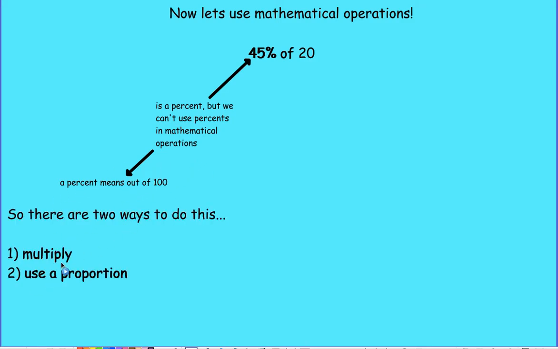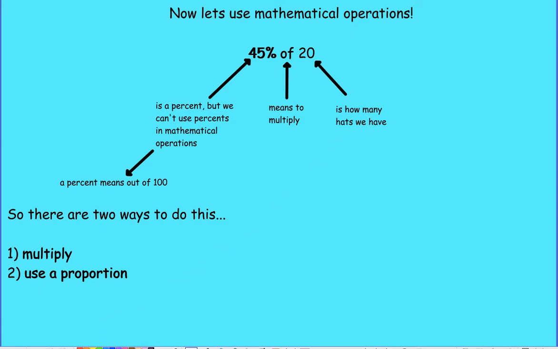I can either write it as a decimal, and then I'm going to use multiplication, or I can write it as a ratio and use a proportion. Of means to multiply, and then 20 is how many hats we have.